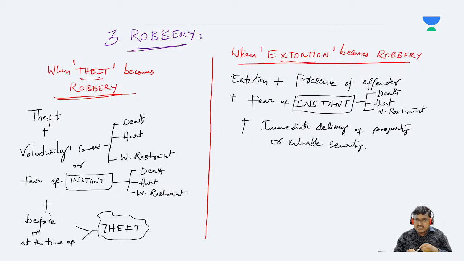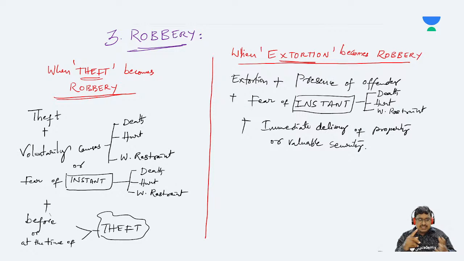Here, at the time of committing that extortion, the presence of the offender is mandatory in order to constitute the extortion into a robbery. Okay. Now, the offender must cause the fear of instant death or instant hurt or instant restraint to the victim or any other person related to the victim.